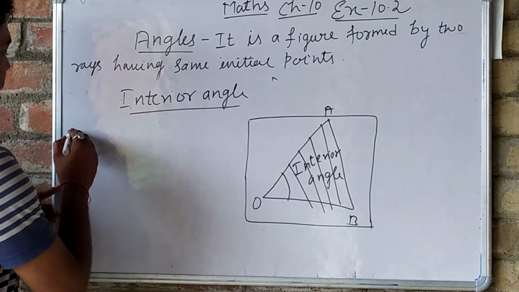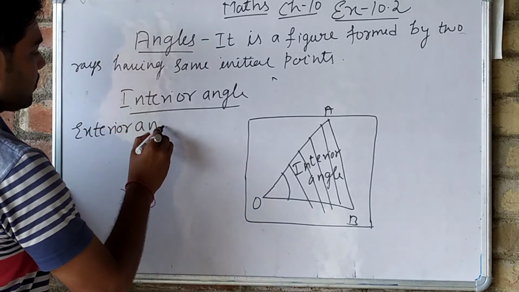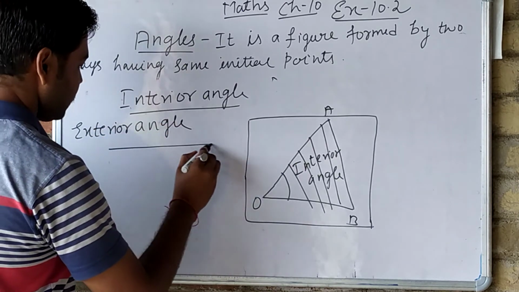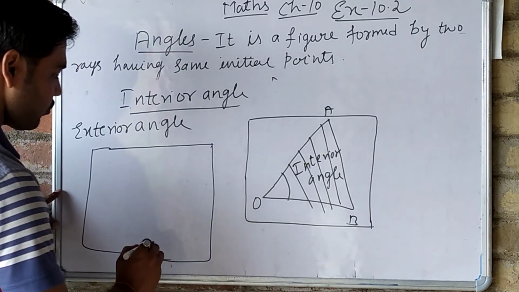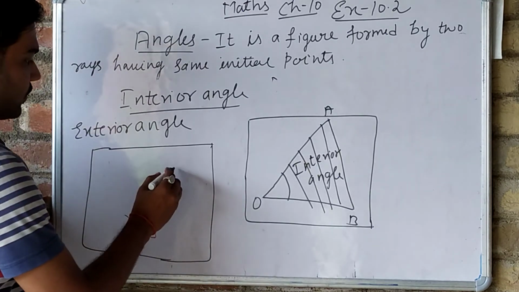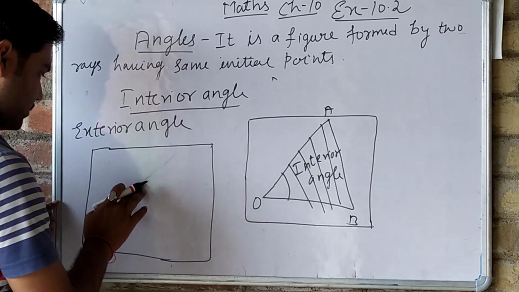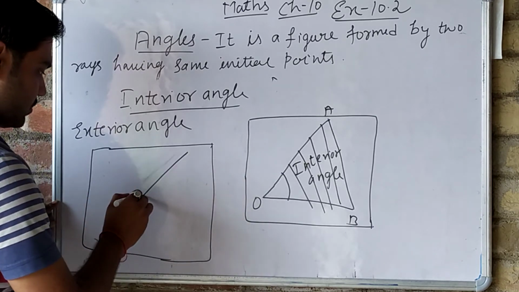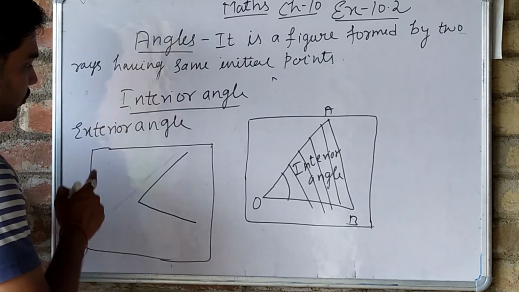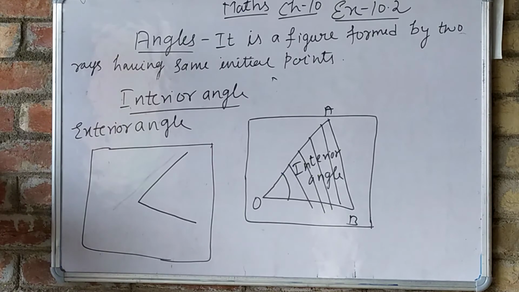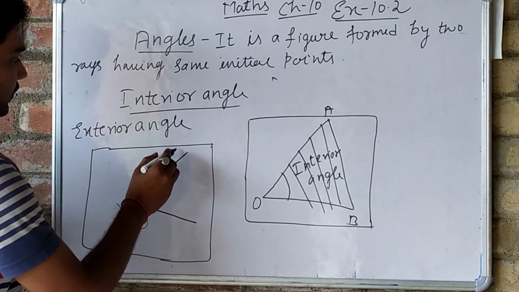Now about the exterior angle. Suppose this is the page of your copy, and here we have drawn an angle. Now we have to find the exterior angle. So what is the exterior angle? Besides this part, the rest of the part is the exterior angle.